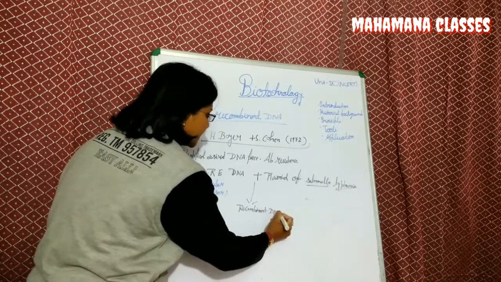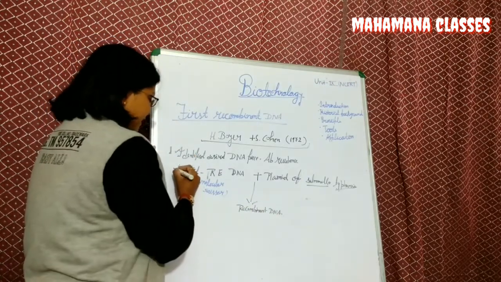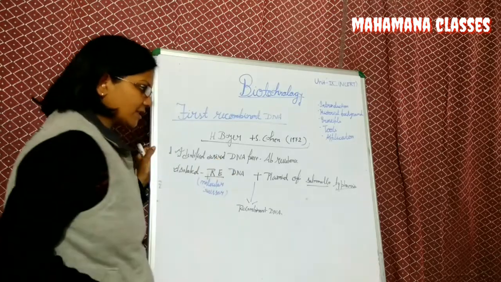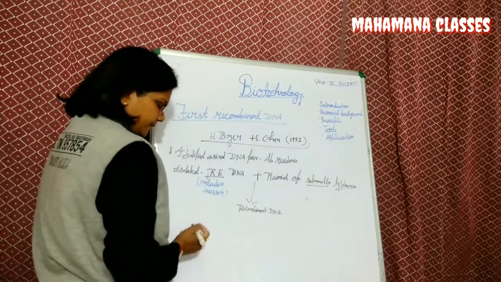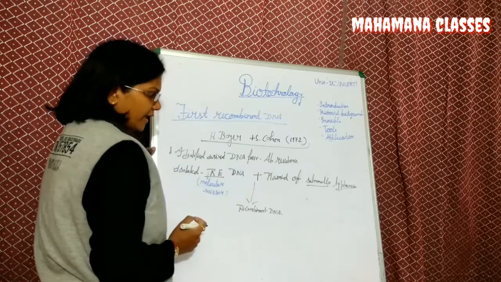How did they do it? As I have told, they identified the piece of DNA, then isolated it with the help of restriction enzyme, then joined it with the plasmid of Salmonella typhimurium.